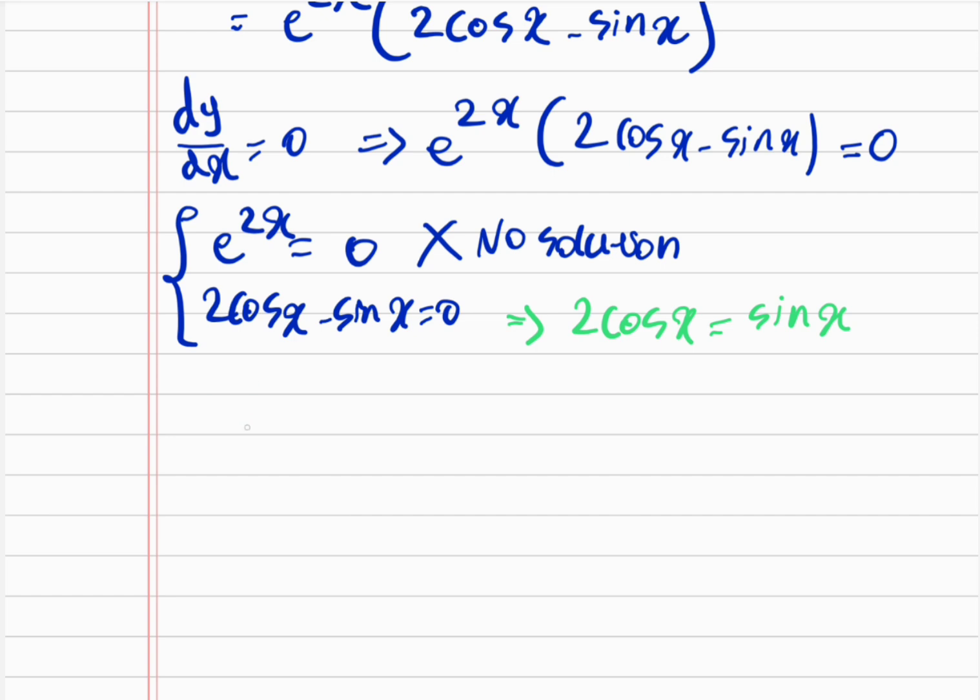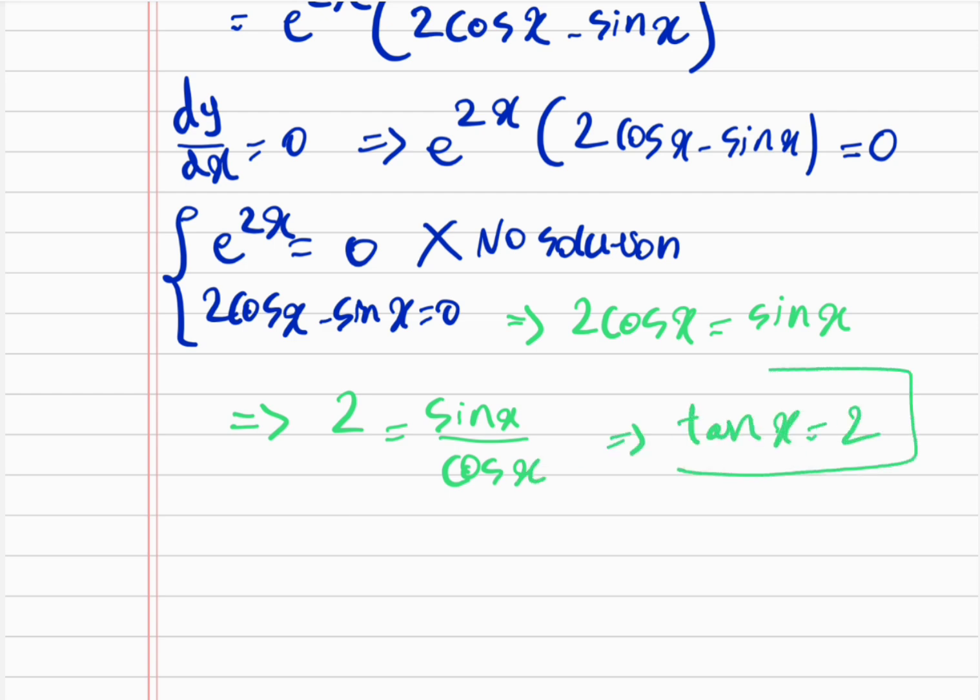So as a result, we have 2 = sin x over cos x, which is basically equal to tan x. And this is exactly what we wanted to show. That's why I mentioned earlier, there is no need to find the turning points in this question. It was all about showing that this is the form that will help you to find the turning points.